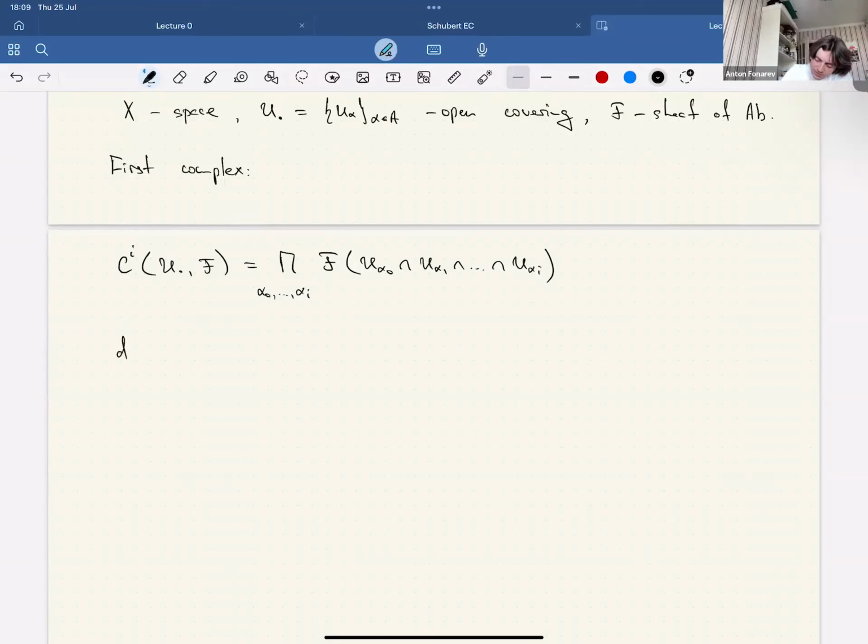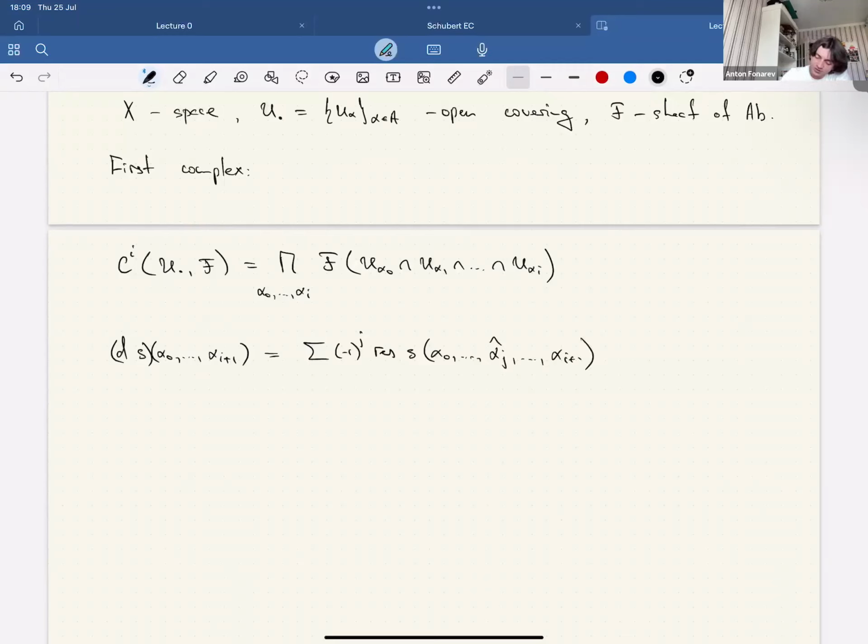of an element, let me denote it by s_{α_0...α_i}. So the differential of s evaluated at i+2 terms will be the alternating sum of (-1)^j times the restriction map of s_{α_0...α̂_j...α_{i+1}}.